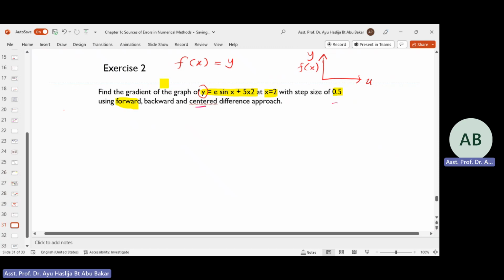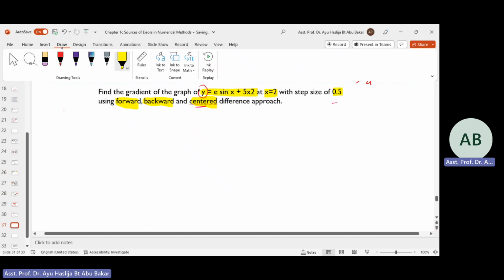Using forward, backward, and centered. I guide you for the first step, later the rest you try to do.